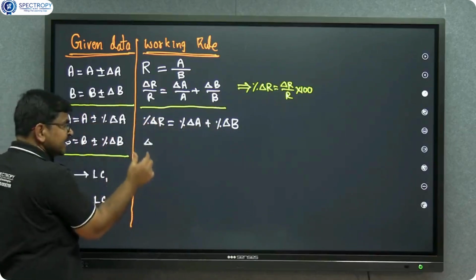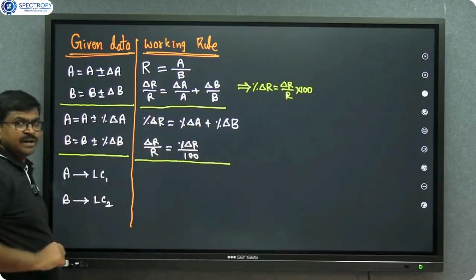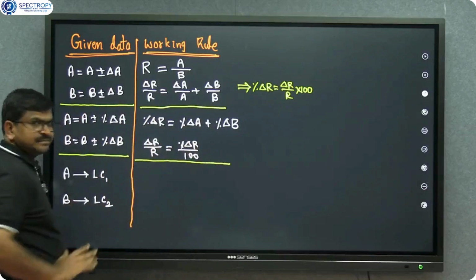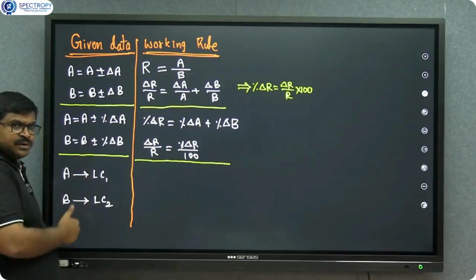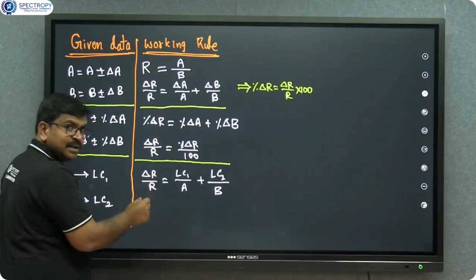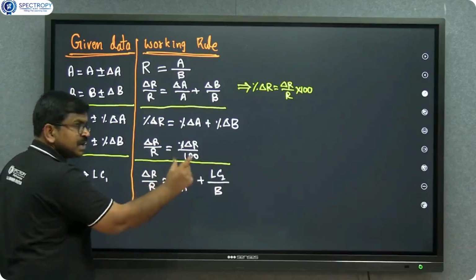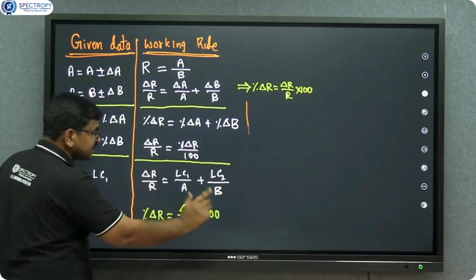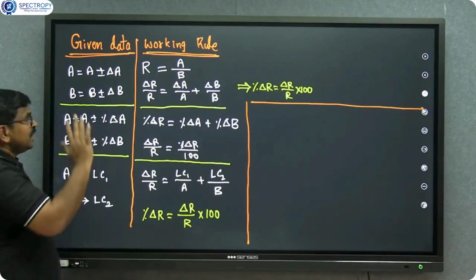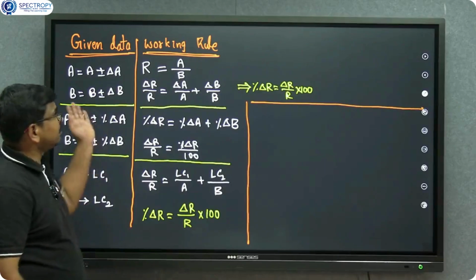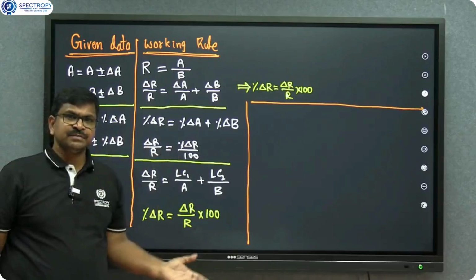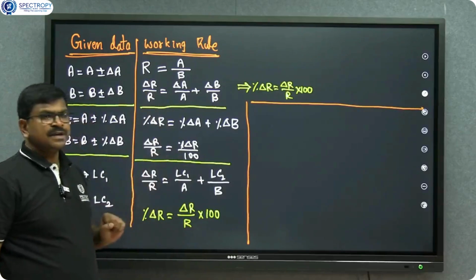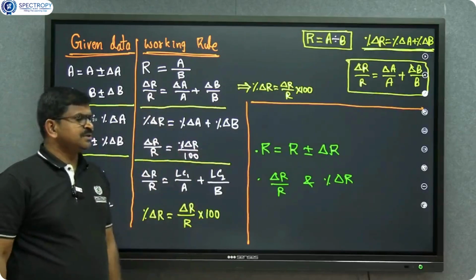After getting this, I can get the fraction error from this data just by dividing by 100. And in this one, these are all absolute errors. So first I will process the fraction error equal to the sum of the fraction errors. And after getting the fraction error or relative error, I can get the percentage error. So whichever data is given, according to the question being asked, you can process the things. Again, you will be getting 4 kinds of questions.